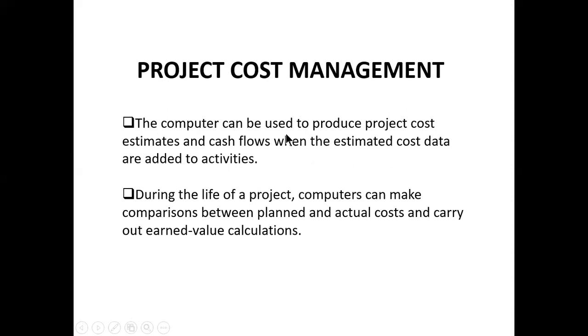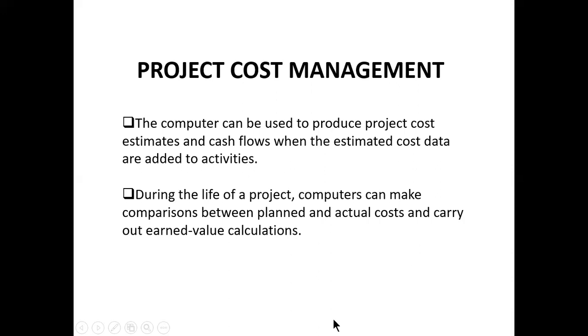The computer can be used to produce project cost estimates and cash flows when the estimated cost data are added to the activities. So you don't have to compute all those things manually on paper. Punch in the inputs for cost estimations, and the software has embedded instructions to calculate those cash flows and other costs needed in the project.